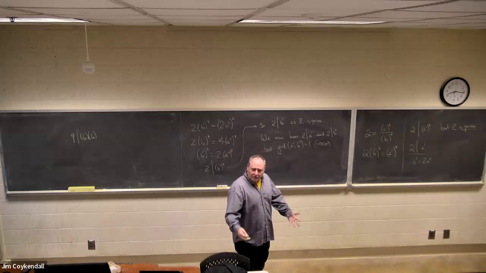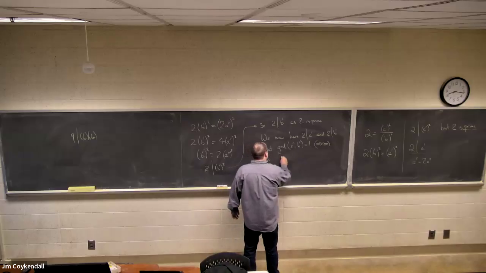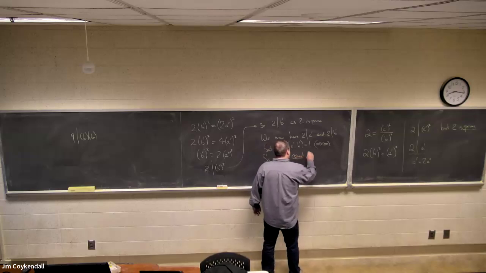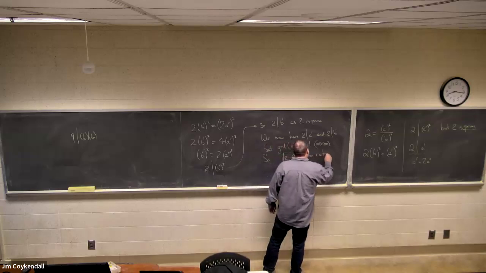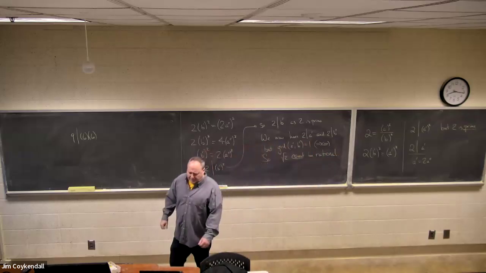So what we assumed has to be ridiculous. So square root of two cannot be rational. Questions on that?